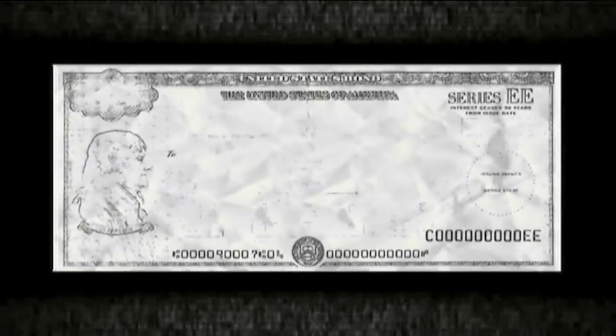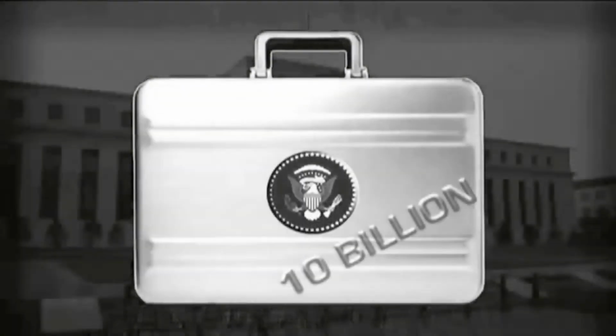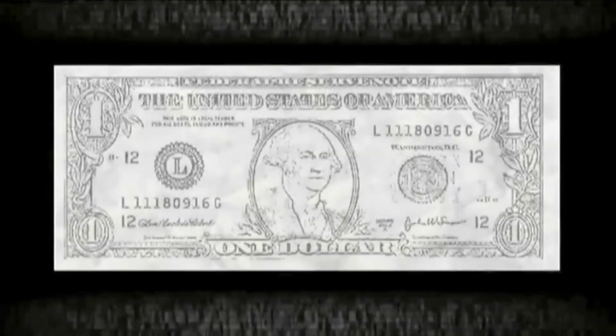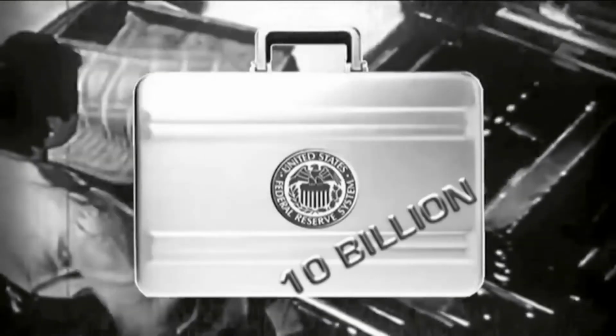So the government takes some pieces of paper, paints some official-looking designs on them, and calls them Treasury bonds. Then it puts a value on these bonds to the sum of $10 billion and sends them over to the Fed. In turn, the people at the Fed draw up a bunch of impressive pieces of paper themselves, only this time calling them Federal Reserve notes, also designating a value of $10 billion to the set. The Fed then takes these notes and trades them for the bonds.